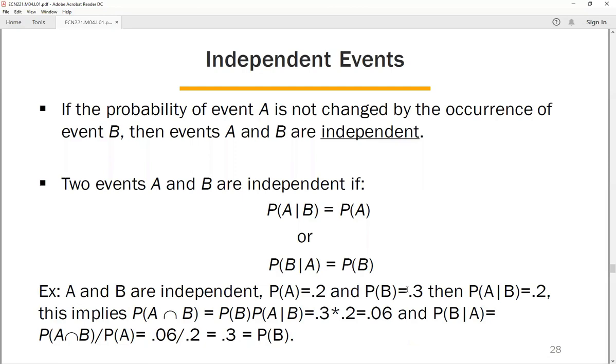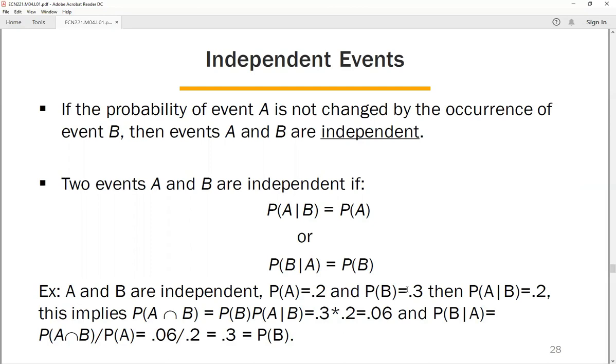So, related to conditional probabilities, we want to think about some situation where the events are independent. That's another word we'll use here. If the probability of event A is not changed by the occurrence of event B, then we say that events A and B are independent.